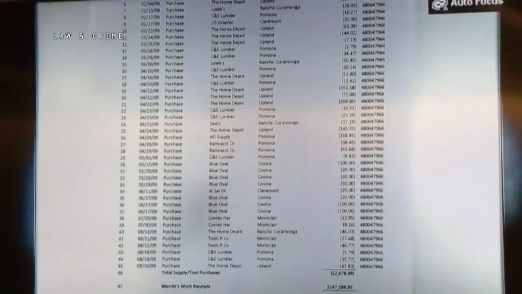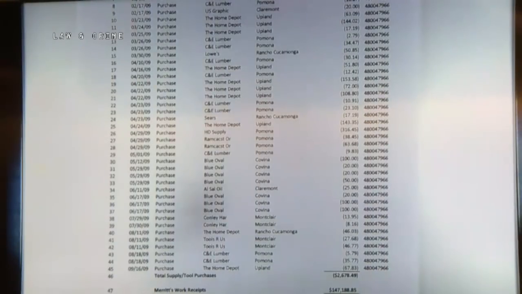And were you able to determine a dollar amount for those? Yes, I listed out each item that I could find, and that totaled $2,678.49. And we see a category that's labeled merits work receipts. Can you explain what that is?